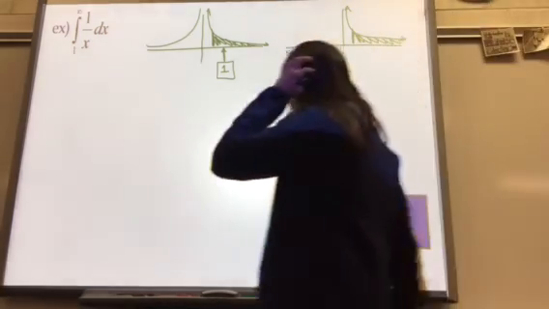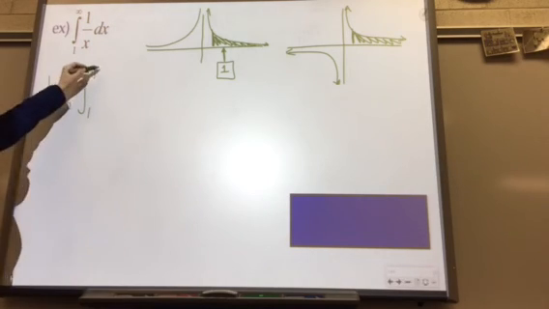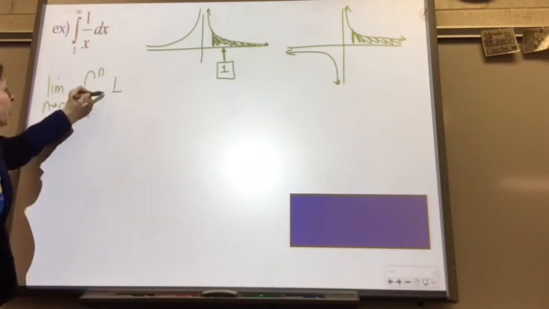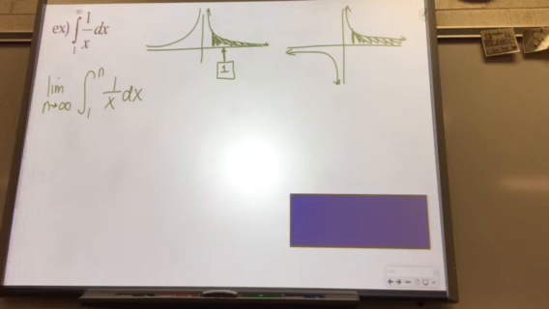No. Because calculus is hard. So the limit as n approaches infinity is going to go from 1 to n of 1 over x dx. The one we just did, the integral was negative 1 over x, but Miss Brianna says this is not 1 over x squared. This is 1 over x to begin with.